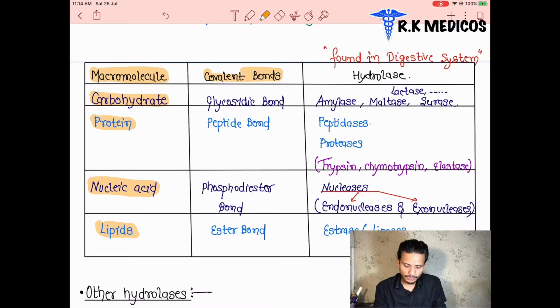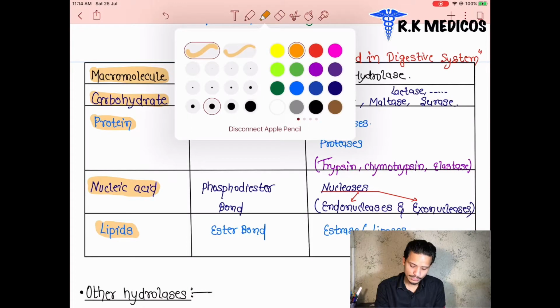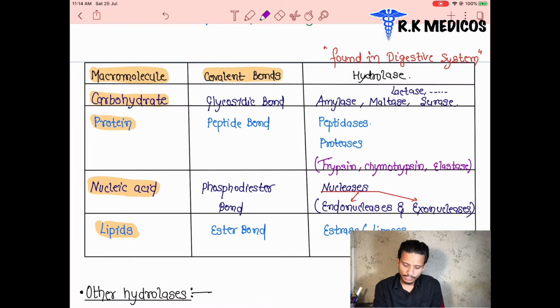What are the different types of covalent bonds in carbohydrates, proteins, lipids or nucleic acids? In the carbohydrate, the covalent bond is the glycosidic bond. We have to know by heart that the glycosidic bond is present in the carbohydrate structure, and it is broken by the hydrolase enzyme.